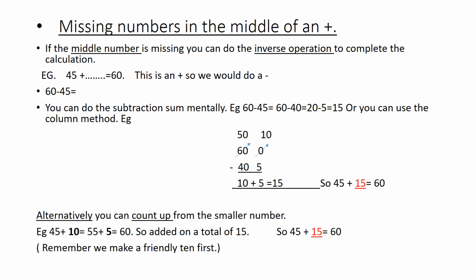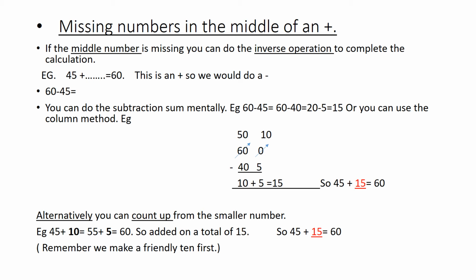Now alternatively, you could count up from the smaller number. So you might want to go, right, 45 add something is 60. So if I start at 45 and add a friendly 10 first, I get to 55. Now I can't add any more 10s on, else that will be above 60.